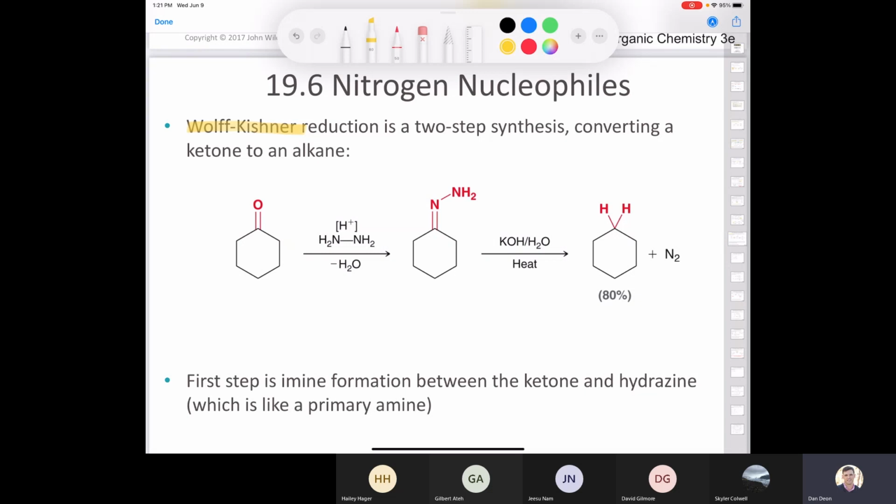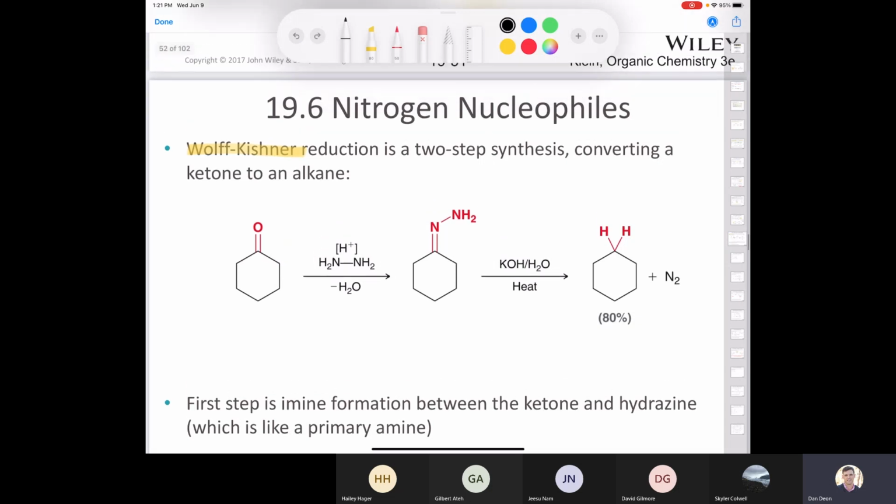So the reason that it shows up here, if you're wondering what this has to do with the imine and the enamine, well, you're actually forming an imine. What you're doing is you take a catalytic amount of acid, but instead of a primary amine, you take this compound here. If you have NH2, NH2, this is called hydrazine.